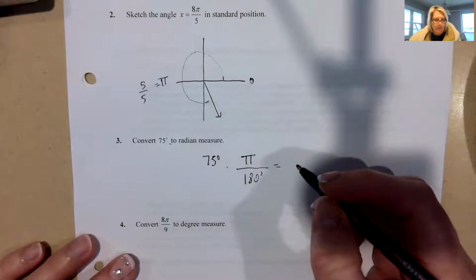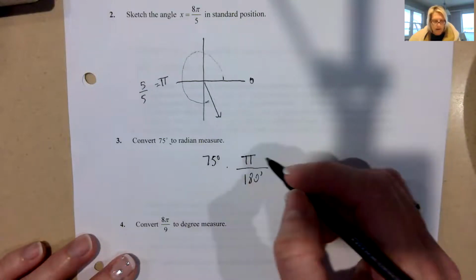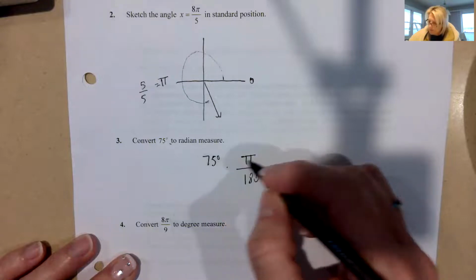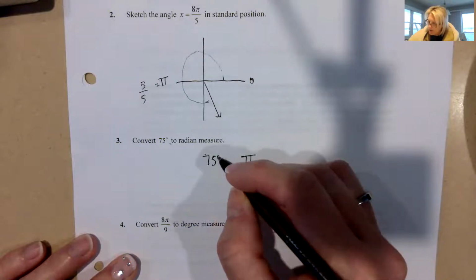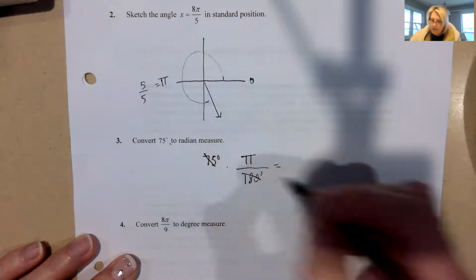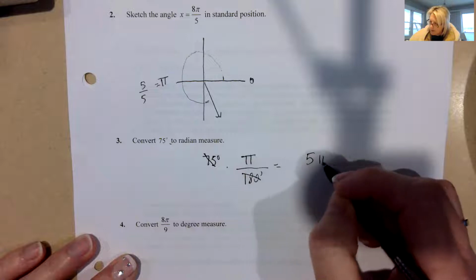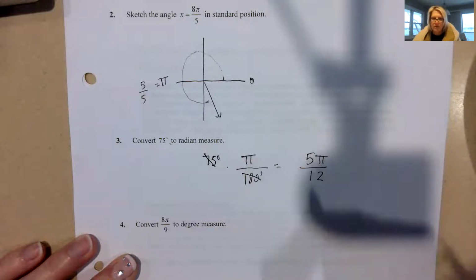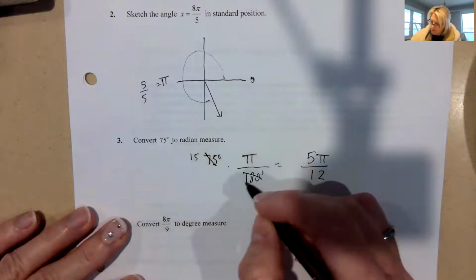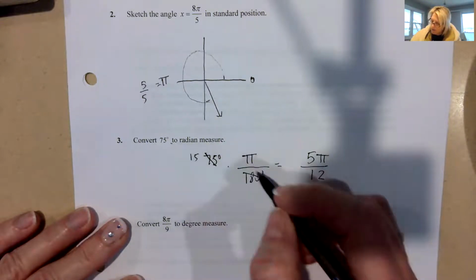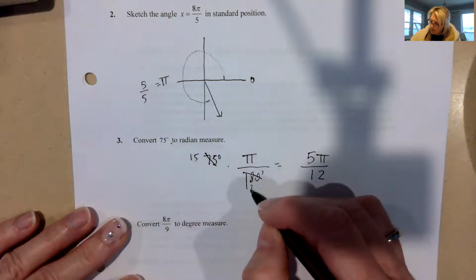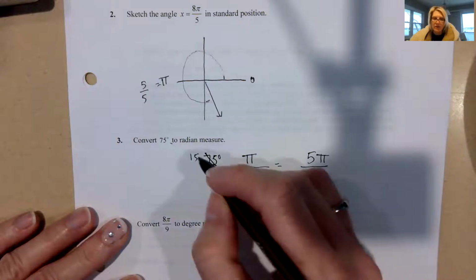That multiplies and reduces to 5 pi over 12. We cancel out a 15 from both the numerator and the denominator, and you get 5 and 12.